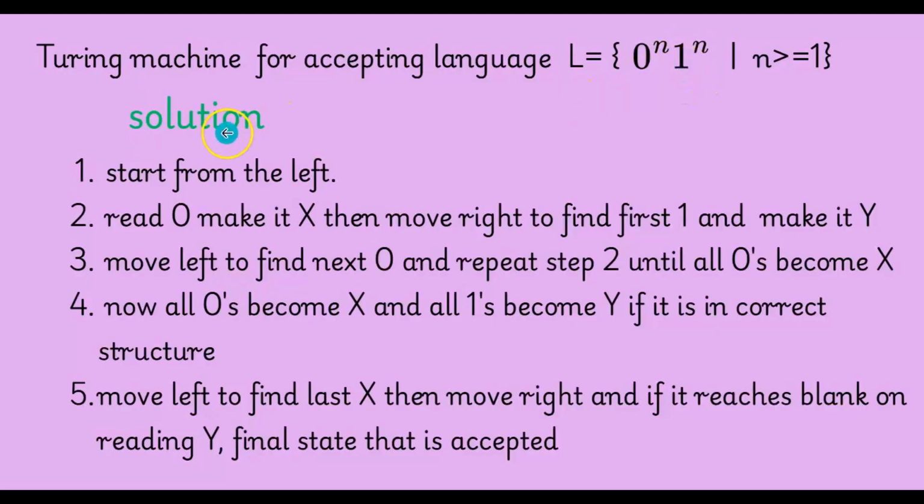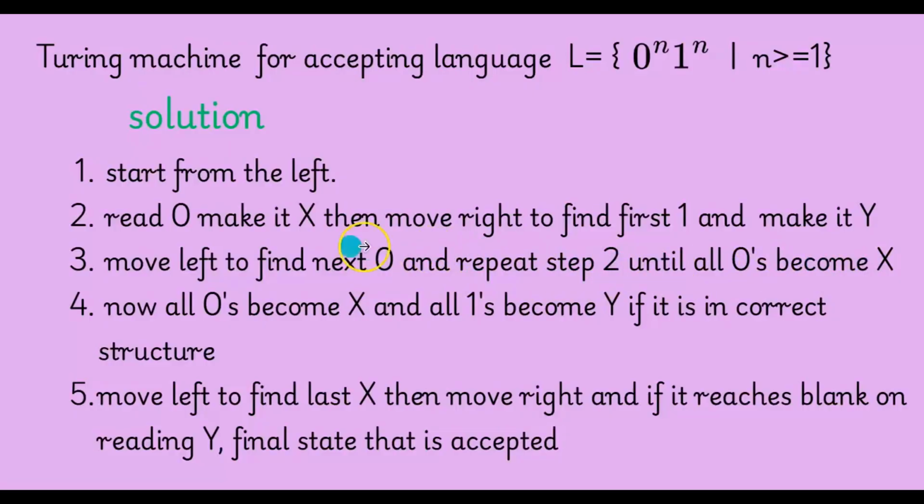The solution is: you start from the left with the initial state Q0. Read 0 and make it x, then move right to find the first 1 and make it y. Now move left to find the next 0 and repeat the step until all zeros become x.